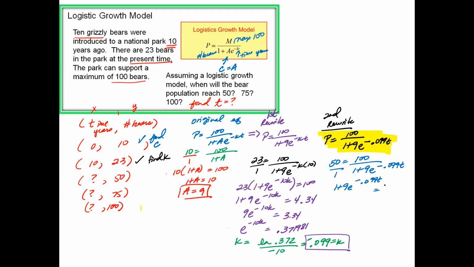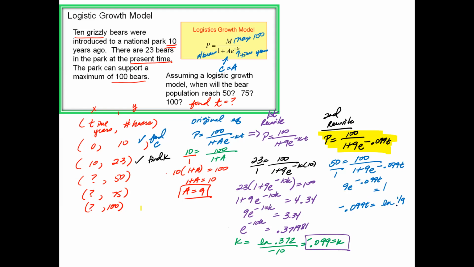100 divided by 50 is going to give me a 2. Subtract the 1 on both sides. I'm going to get 2 minus 1, which is a 1. Divided by the 9, you're going to eventually have ln of 1 over 9. So then you're going to ln both sides, so you're going to end up with negative 0.099t equals the ln of 1 over 9.